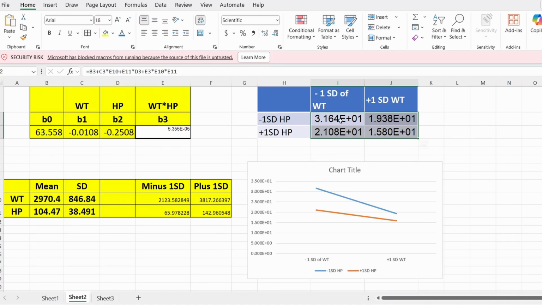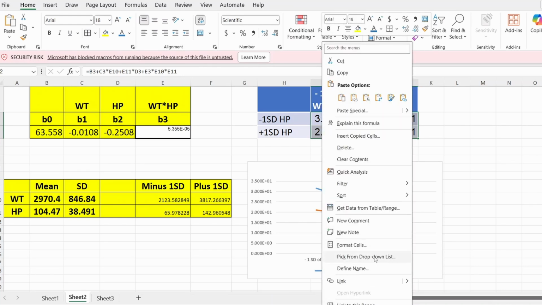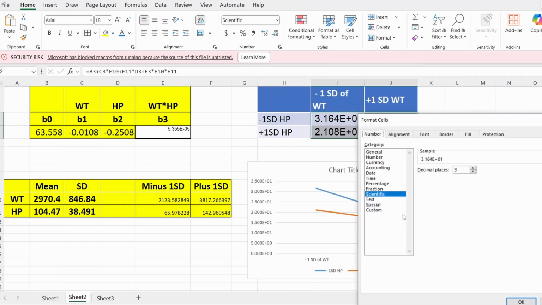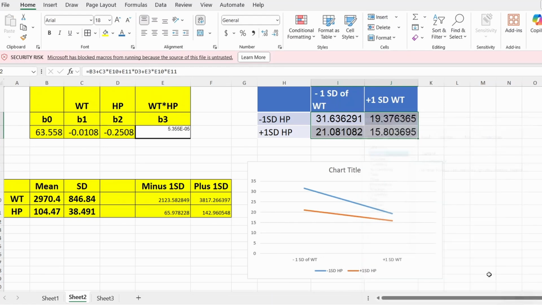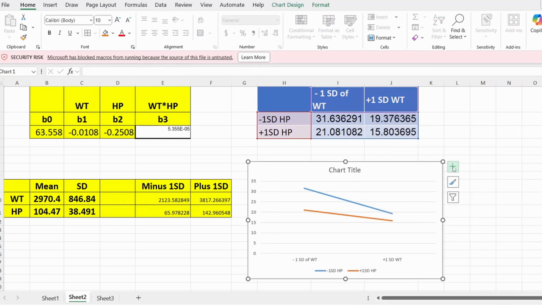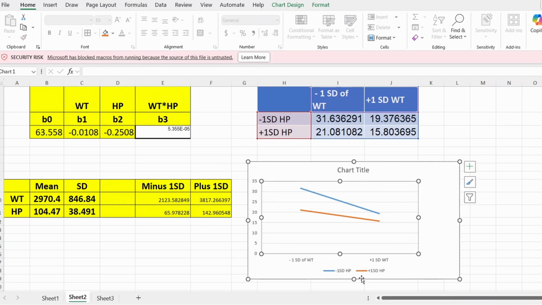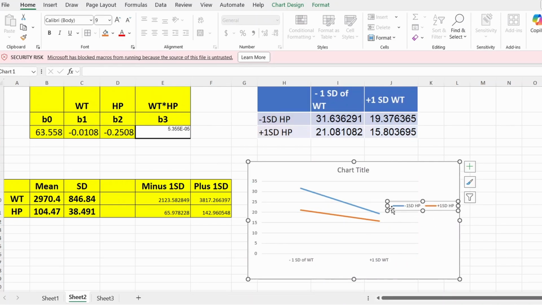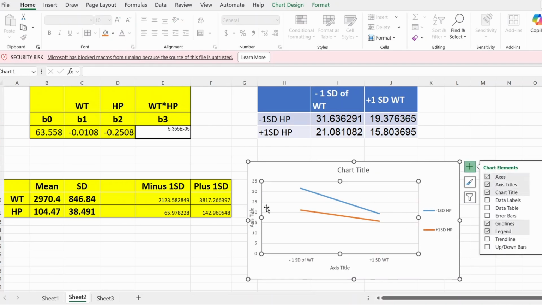I think the only thing that we need to do is change the format of this number from scientific notation to general, and then we can also slightly make it better. You can add a title, yes.